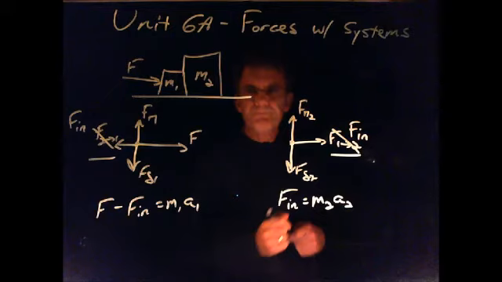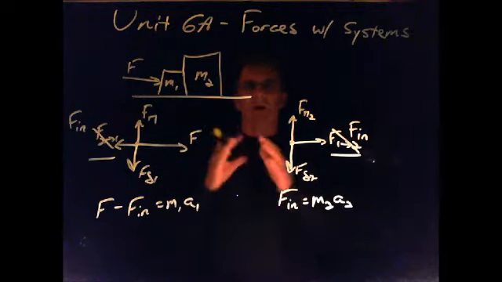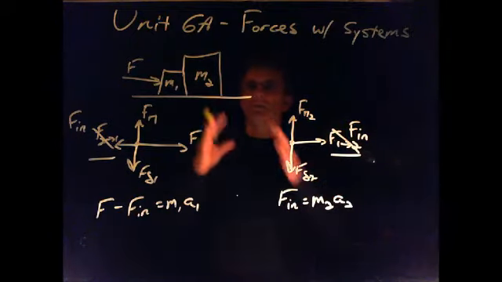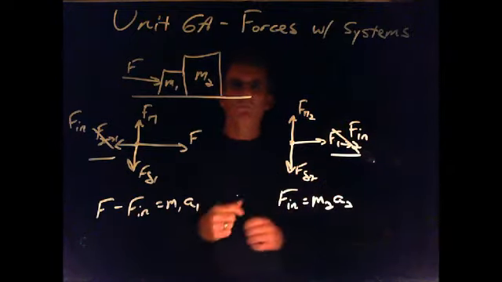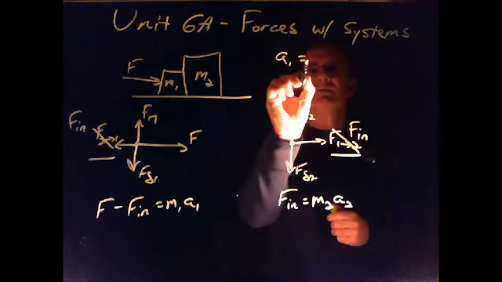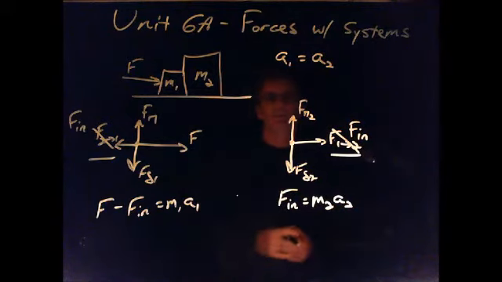Now, since M1 is pushing M2, however fast M1 is moving, M2 is also moving. So the acceleration of M1 is going to be the same as the acceleration of M2 because they are a system.